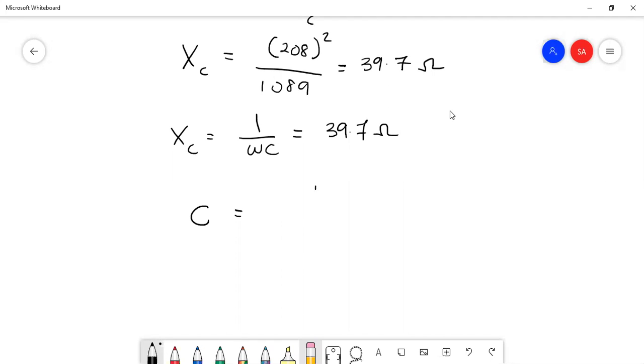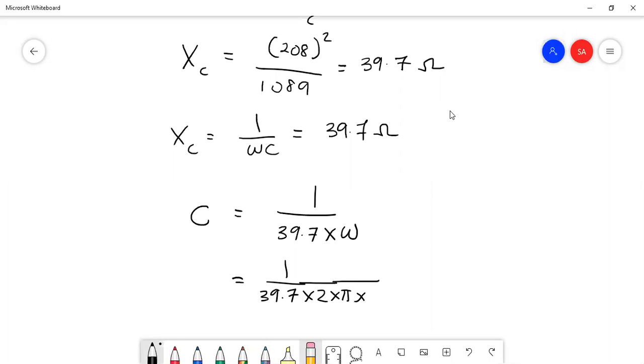Then from here we can calculate your capacitor. Your capacitor is 1 over 39.7 multiplied by the omega, which is 2 pi multiplied by the frequency of the circuit, given as 50 hertz. So finally the answer should be 16.6 millifarad.